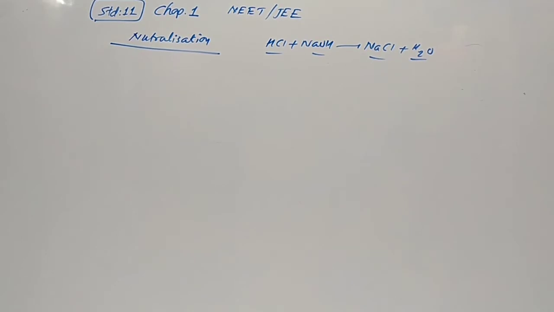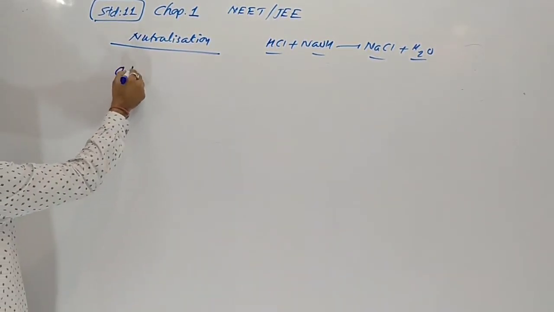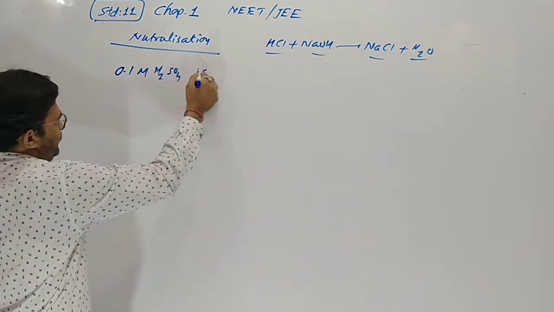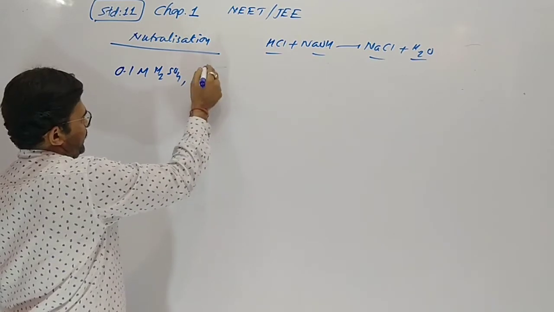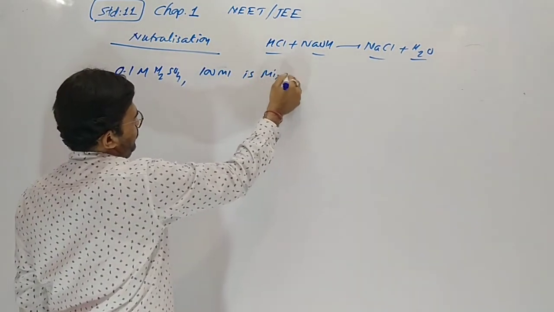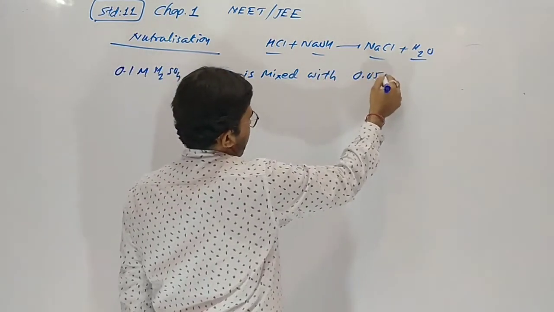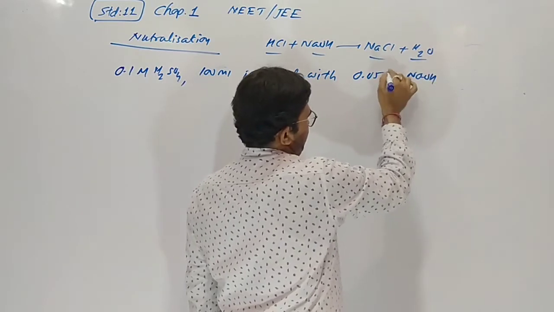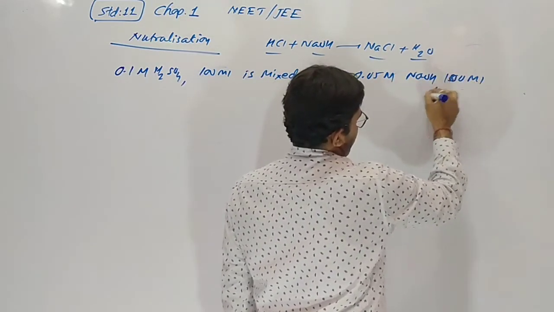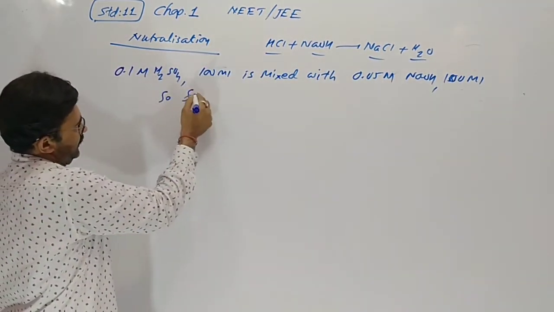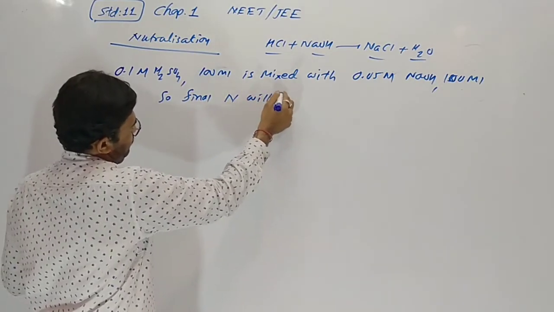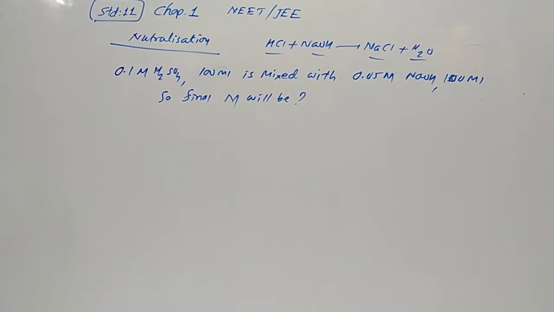How you can see, I am giving you a question. 0.1 molarity sulfuric acid, 100 ml, is mixed with 0.05 molarity NaOH, 100 ml. So what will the final normality, the final molarity, be?